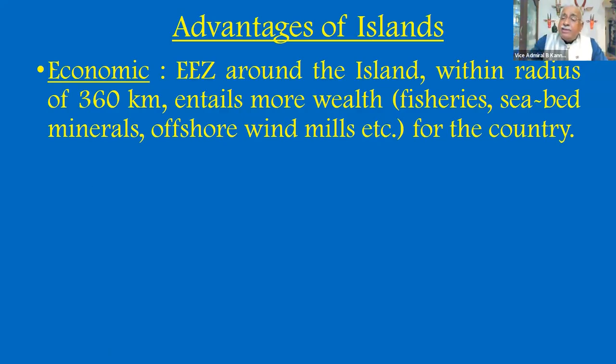And all the wealth in the 360 kilometers around the island is a country's wealth. It can be fisheries, it can be minerals on the seabed, it is the freedom to install offshore windmills. All this is available to the country which has a sovereign right on the island.